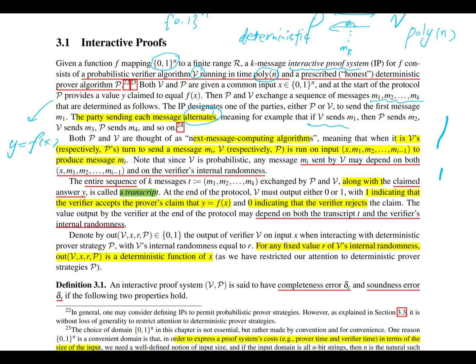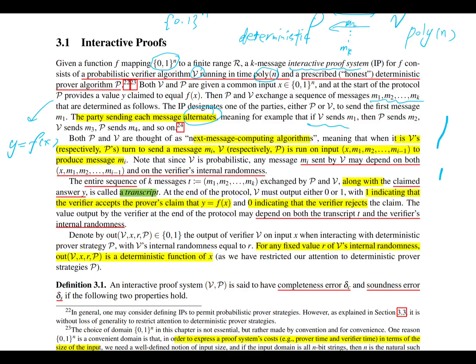So now V is sending a message Mi. The message Mi should be calculated from the input before Mi. So Mi can be obtained from this input and the algorithm run by V.